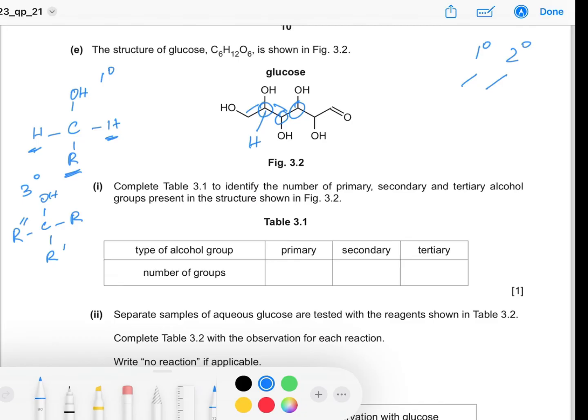Both of them are bonded to 2 alkyl groups and a hydrogen atom other than the hydroxyl group. So that's another 2 secondary alcohols. And then this carbon atom over here is also a secondary alcohol. So you have 2 secondary alcohol groups, 1 primary alcohol group, and no tertiary.